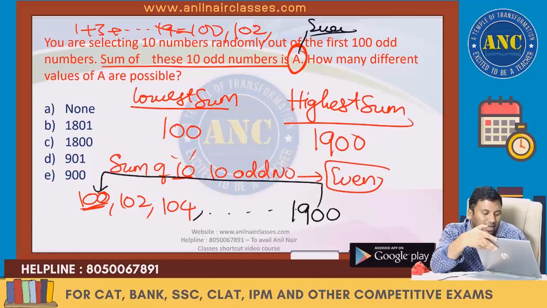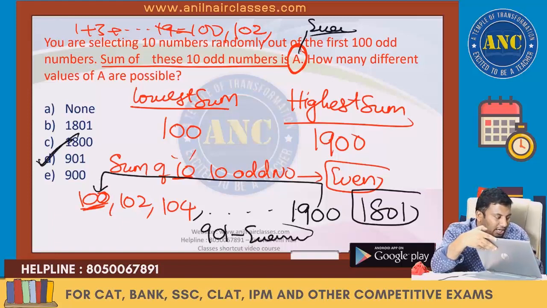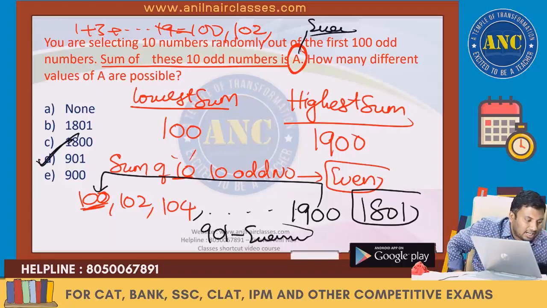From 100 to 1900, 1801 numbers are there. In that range, 901 even numbers are there. The answer is 901.